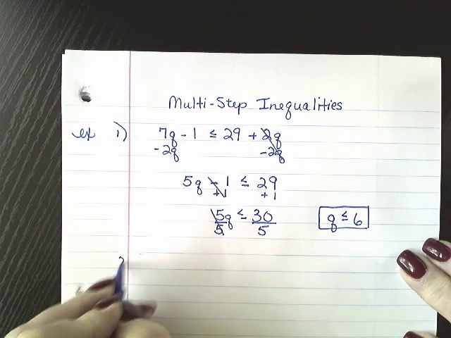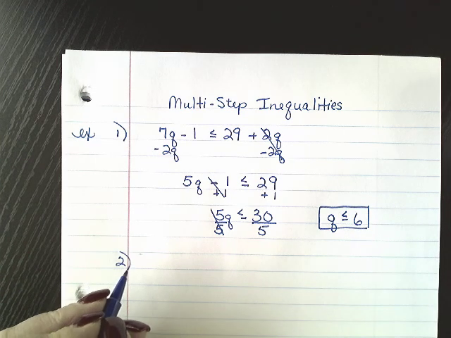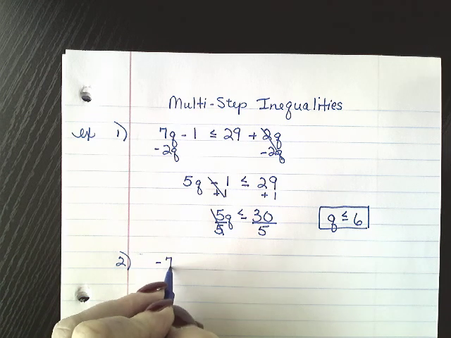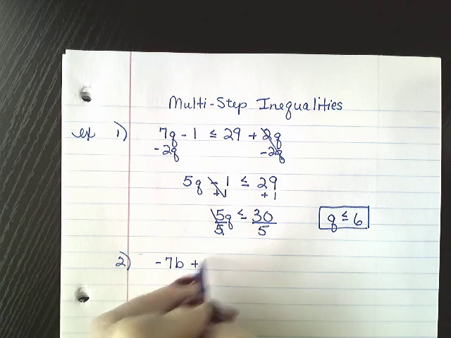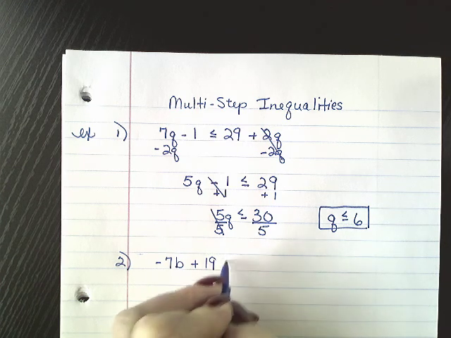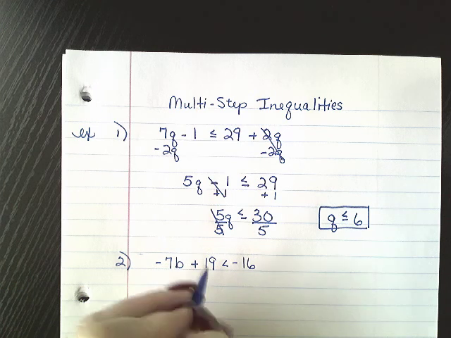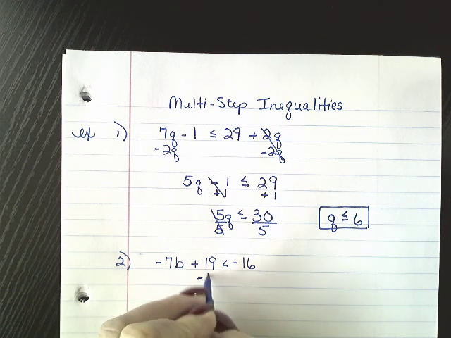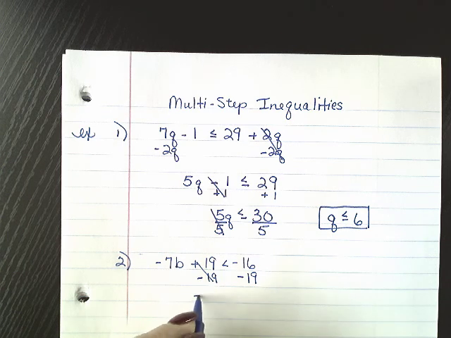All right, example 2. Negative 7b plus 19 is less than negative 16. I'm going to add a negative 19 to both sides. I will have negative 7b is less than negative 35.